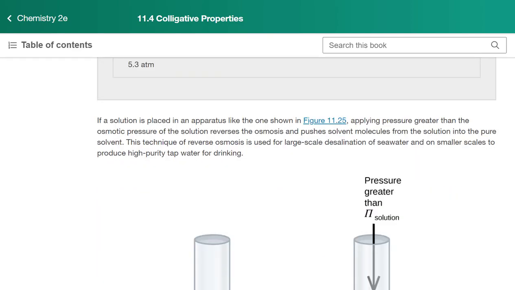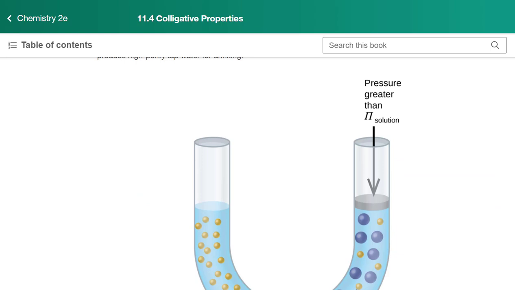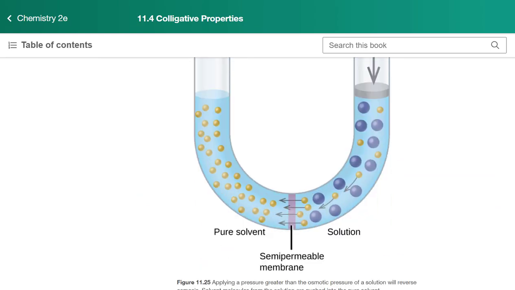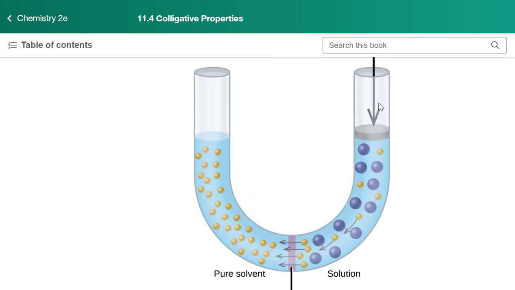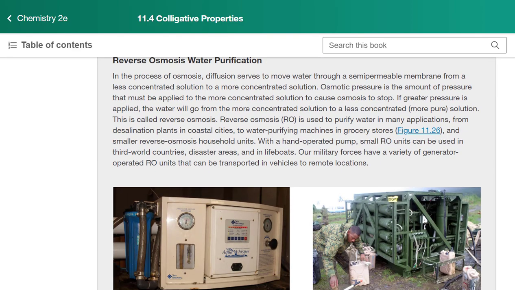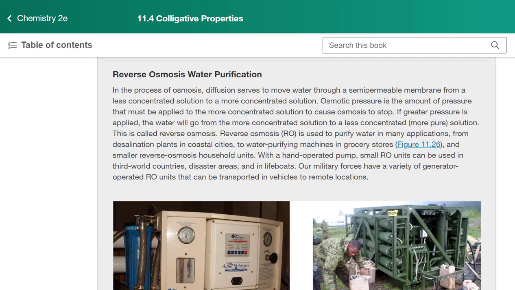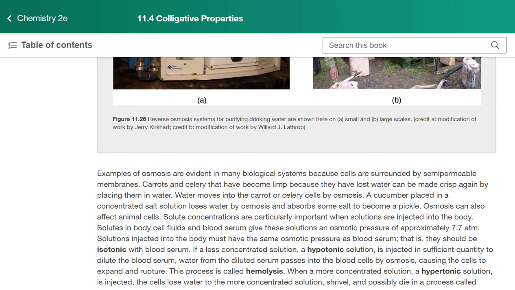This is also often used in other water purification systems, a method similar to this. It doesn't have to involve a U-shaped tube. Okay, so that's not always going to be there. That's more for the point of illustrating it for us. Okay, so there's some more discussion here about that reverse osmosis process for water purification.